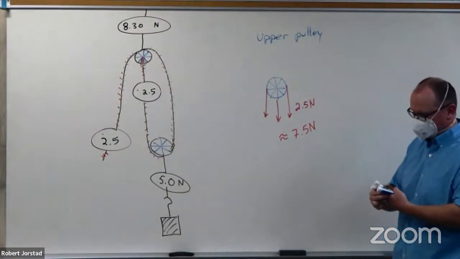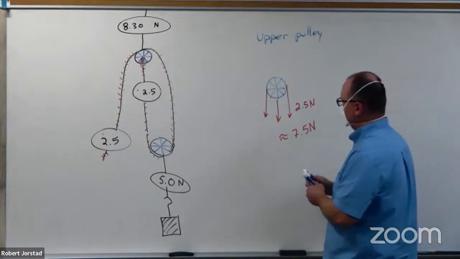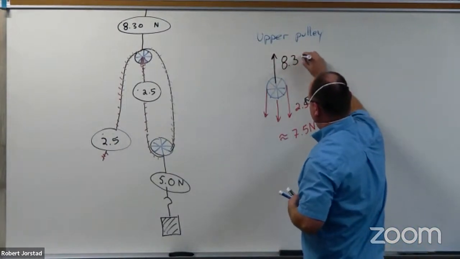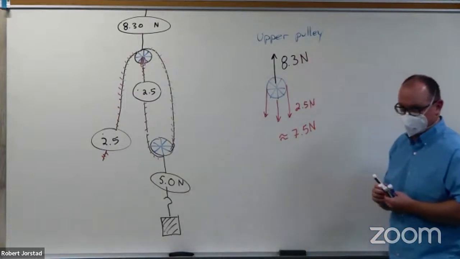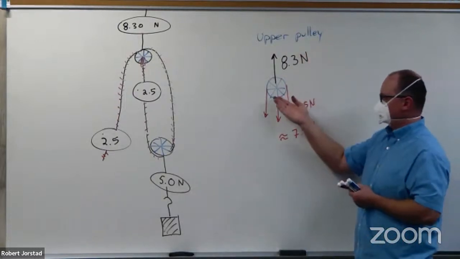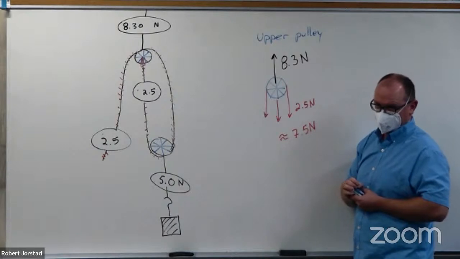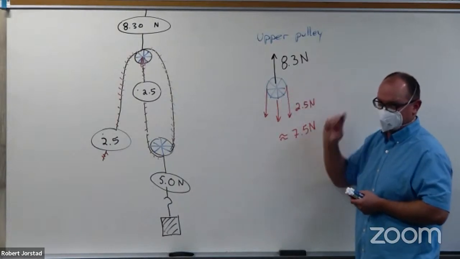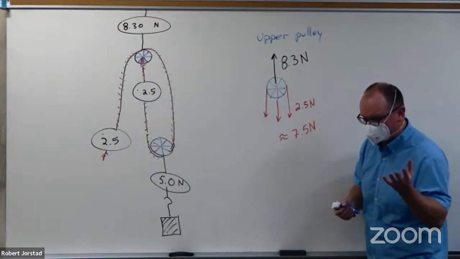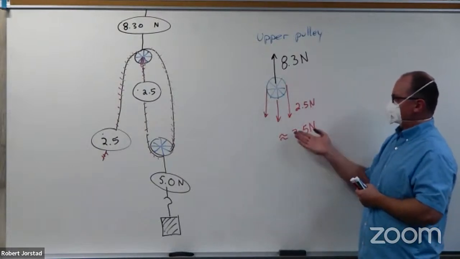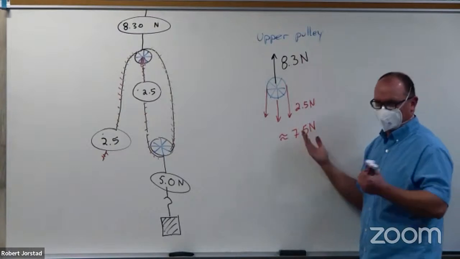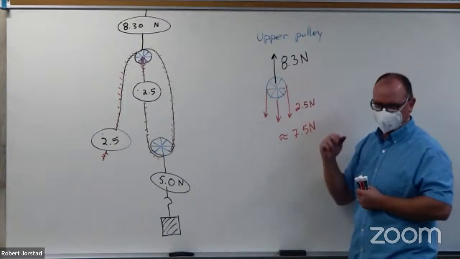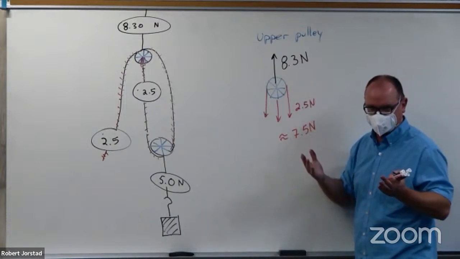What is the upwards force? About 8.3. In practice, if these were real numbers, this pulley would accelerate upwards, right? If you had more tension upwards than the net force downwards, it would accelerate upwards. We know that doesn't happen though. So what we're seeing here is there's some slop in these scales of about a newton. But we do see that these forces are approximately balanced as we expect.